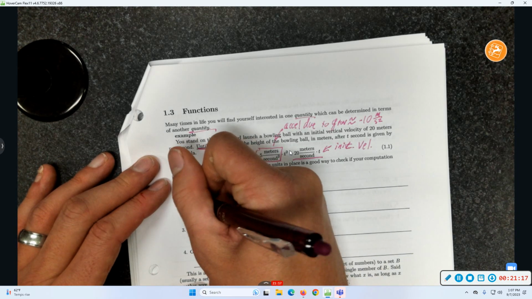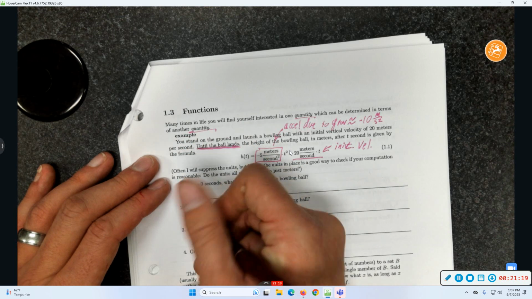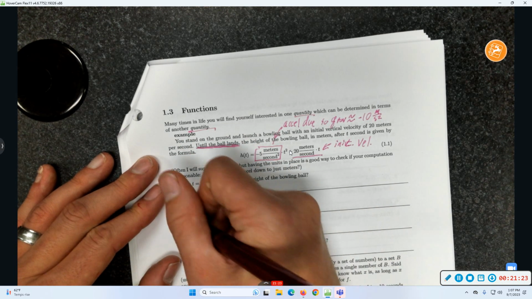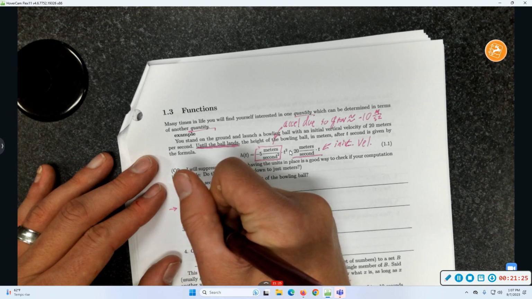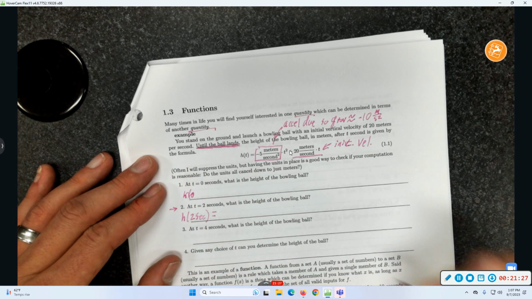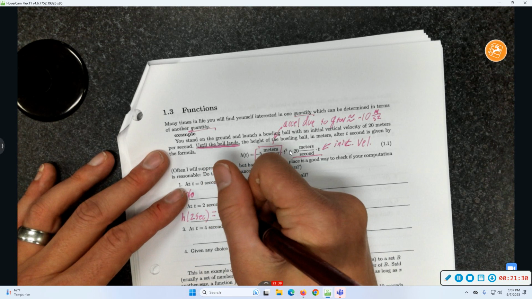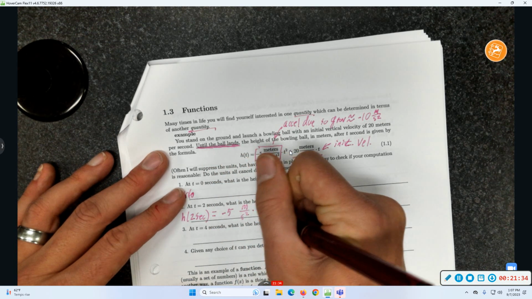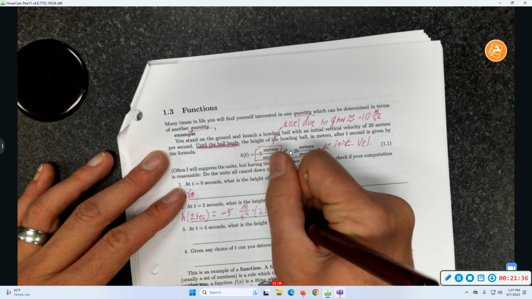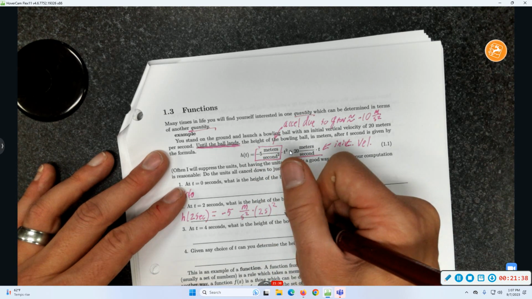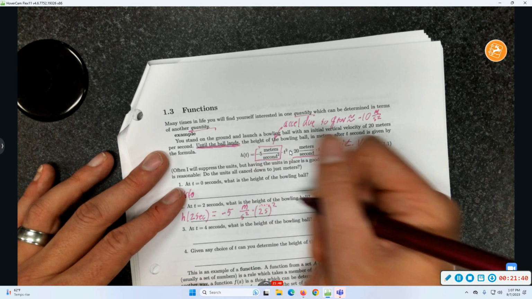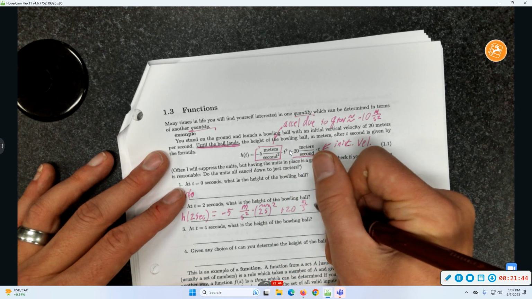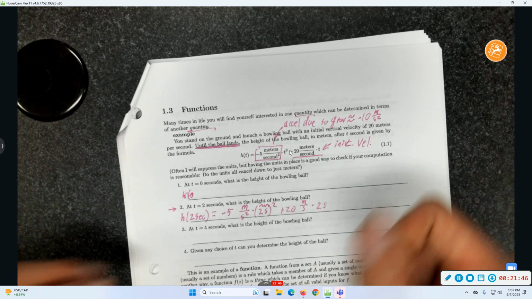So plug in h of, let's plug in 2 seconds first. I want to jump down to this one first. When you plug in t equals 2 seconds, you'll see h of 2 seconds is, let's write it out, -5 meters per second squared times 2 seconds, quantity squared, because there's t, plus 20 meters per second times 2 seconds.